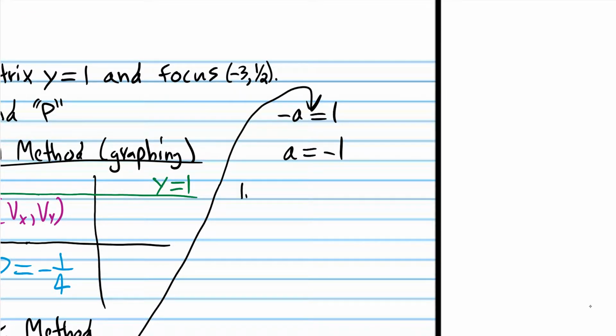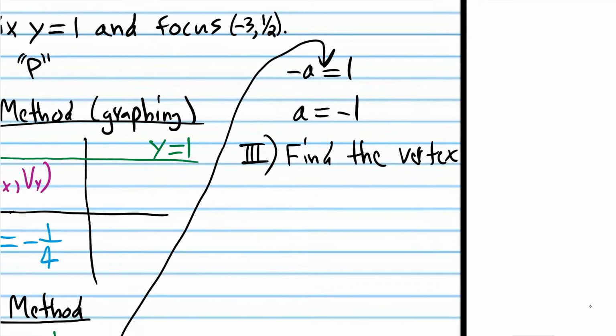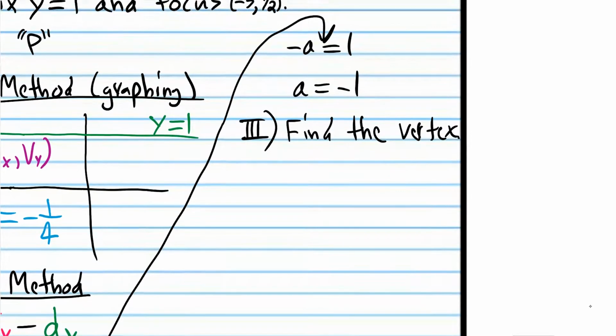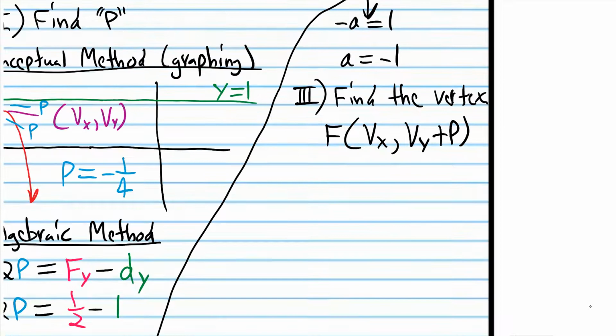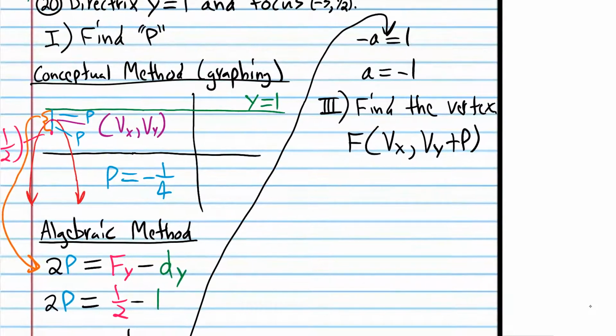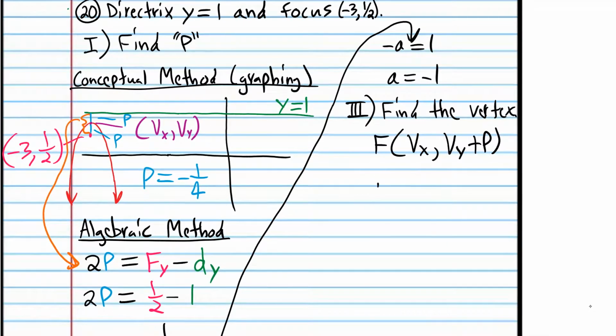So at this point we're going to find the vertex. To find the vertex, we're going to use our knowledge of the focus. We know that the focus must be related to the vertex, and we have the coordinates of the focus. They are negative 3 and 1/2.